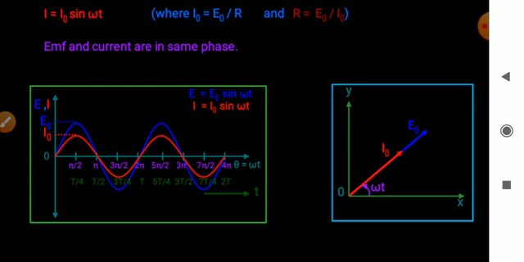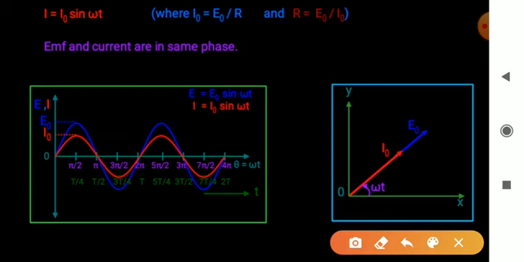Their projections on the vertical axis give the instantaneous values of E and I, of EMF and current respectively. So I hope these points are clear to you. In the next video we will discuss some other circuits containing inductance and resistance and their combinations. Thank you.